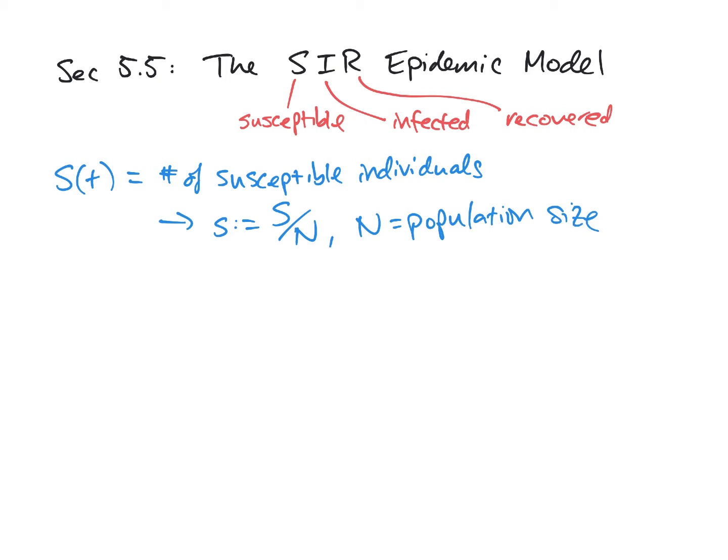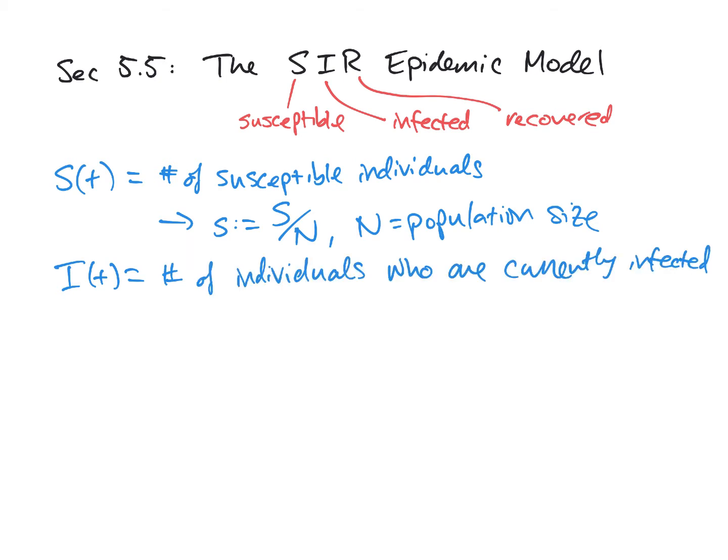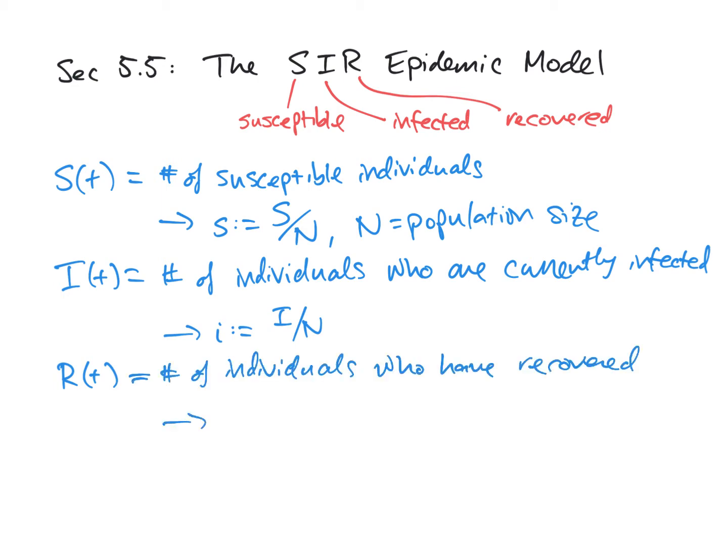Big I of t is equal to the number of individuals who are currently infected, and similarly, little i is big I divided by n. And our last quantity, big R, is the number of individuals who have recovered, and same thing, little r is equal to big R divided by n.